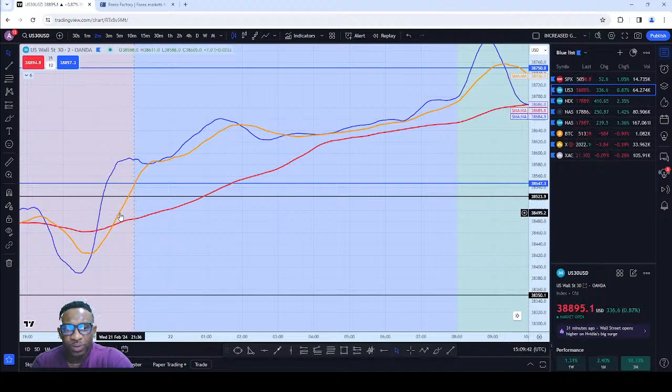Then we also have the 50 moving average, which takes the last 50 candles that were printed. I'm on the 2-minute time frame now.